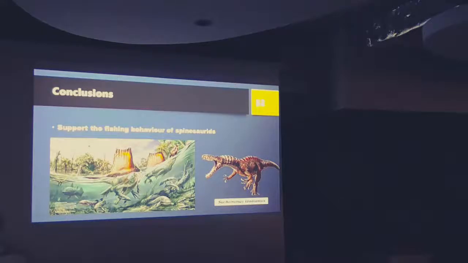And this result also supports the piscivorous habit of spinosaurs, because thanks to our data, it puts this group as a more potential piscivorous predator, with an isotopic composition that is compatible with a piscivorous diet.